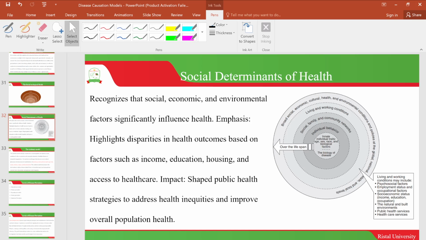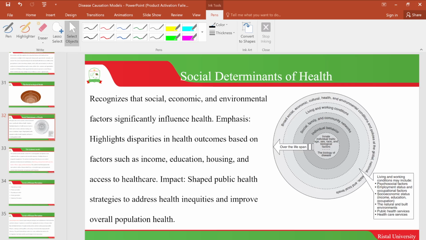It's basically the recognition of the things around us that affect our health: where we go to school, where we work, where we live, the policies at the national level, the resources, everything. So it still looks at individual factors, family factors, interpersonal factors, societal or community factors, and then the national factors. All these things will influence the level of health.